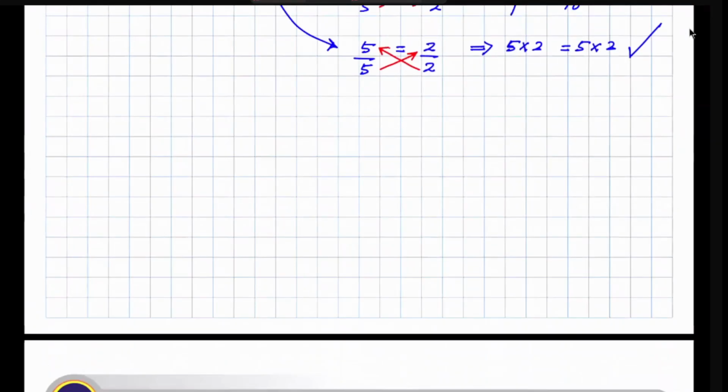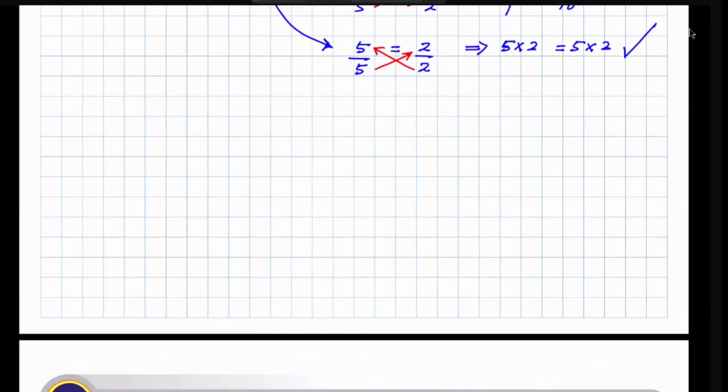So now we'll think about a few questions, right? A simple question: 2 divided by p is equal to x divided by y. If you have this, you can cross multiply, right? Why? Because this has the structure. If you cross multiply, you can write 2y is equal to xp. Can you do that? Yes, you can.